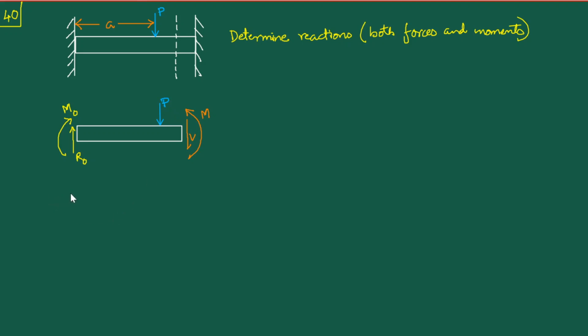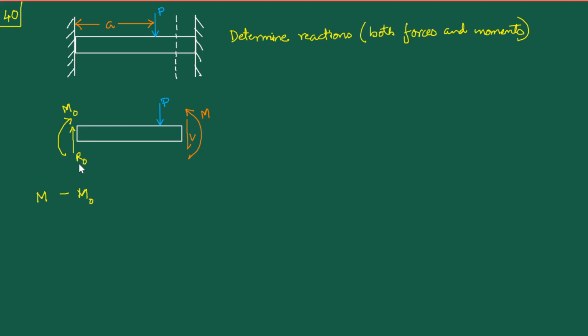Okay, so as before, we write down the expression for M. So this M is this M, and that is in the anti-clockwise sense. So when we write down the entire moment balance, the contribution from this will be with a minus sign, minus M naught.